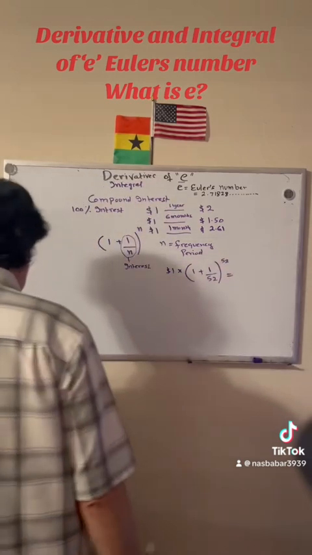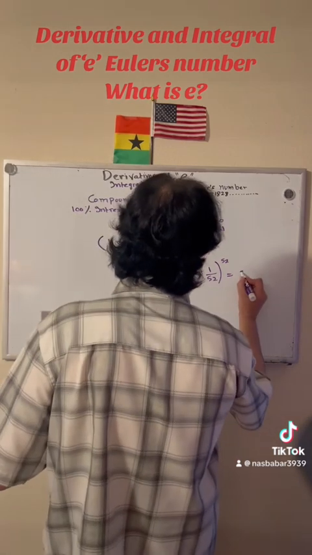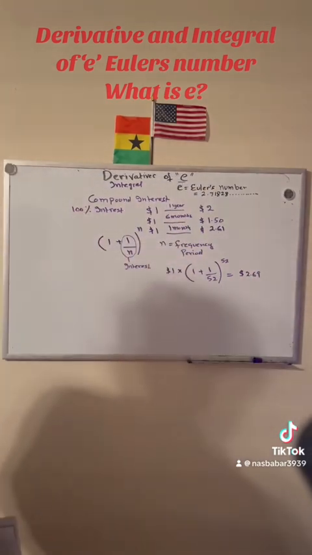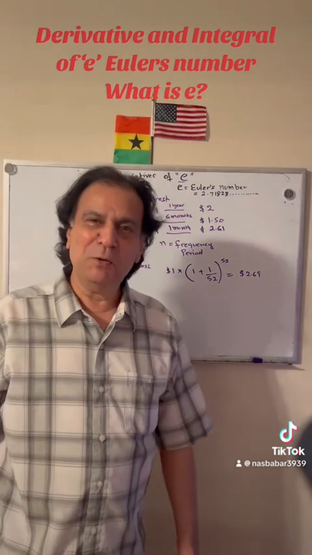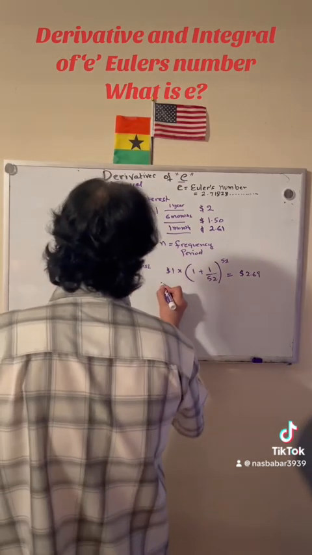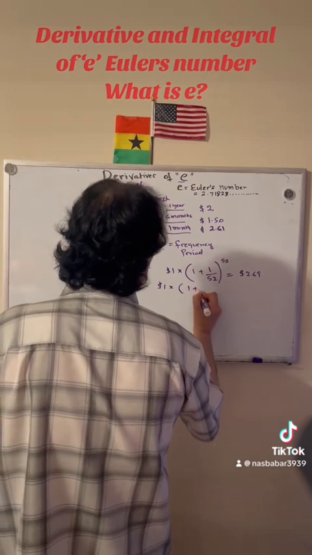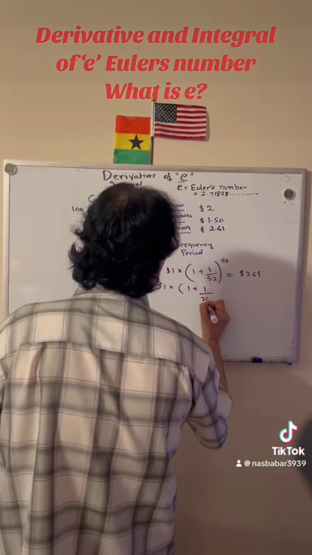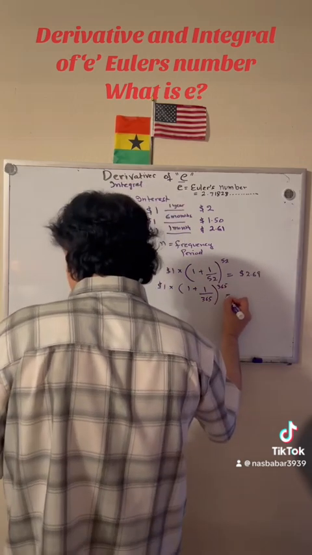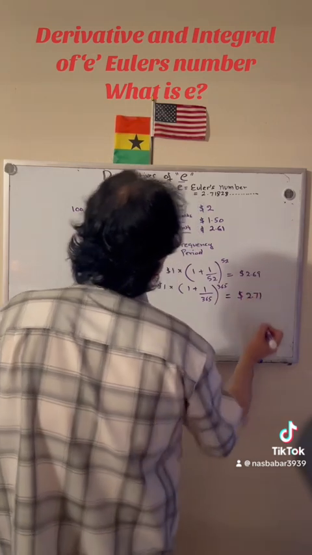I calculated it for you guys, and this will give me $2.69 at the end of the year, okay? Now I'm getting a little greedy, so I said, no, give me interest every day. So I have $1, my original amount, multiplied by 1 plus 1 over 365, the whole raised to the power 365. If you do the calculation, this gives you $2.71 at the end of the year.